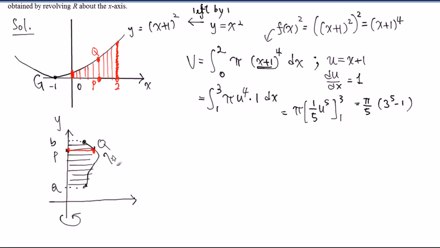I want the x coordinate, right? So that is written in terms of g of y. Given the y coordinate in there, what is the x coordinate of that horizontal line? So you want to formulate it like this: x coordinate in terms of y coordinate. Make sense?